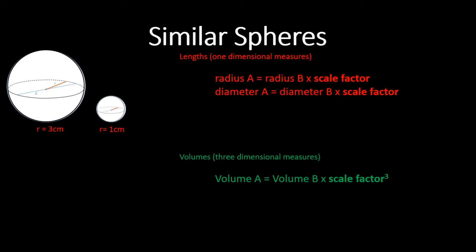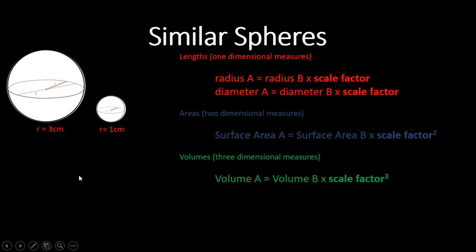Now we've already worked out what the scale factor was. The scale factor was 3, so this volume is equal to this volume multiplied by 3 cubed. Oops, I've got a little bit backwards here. And the surface area of this one is equal to this surface area multiplied by the scale factor, which we said was 3, squared.